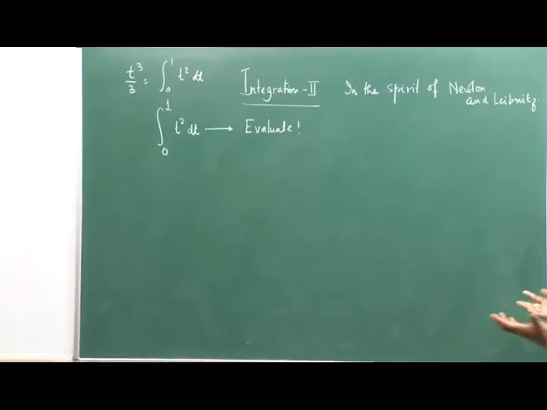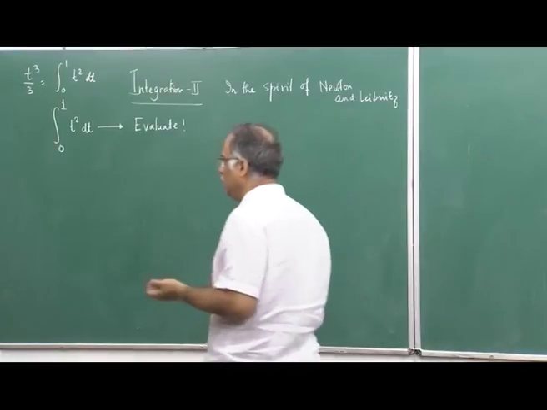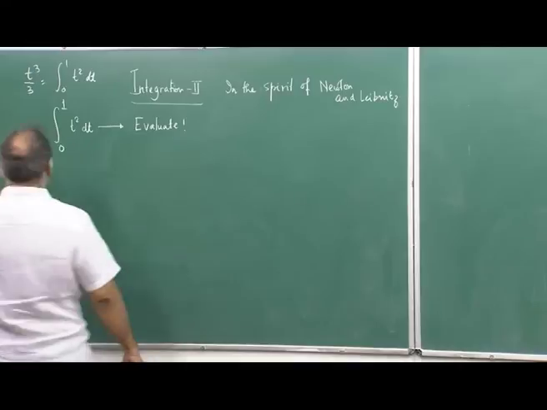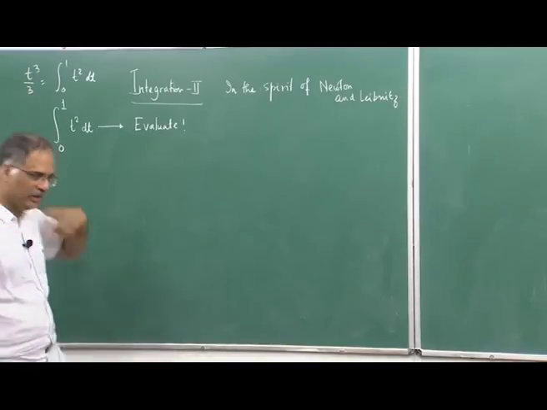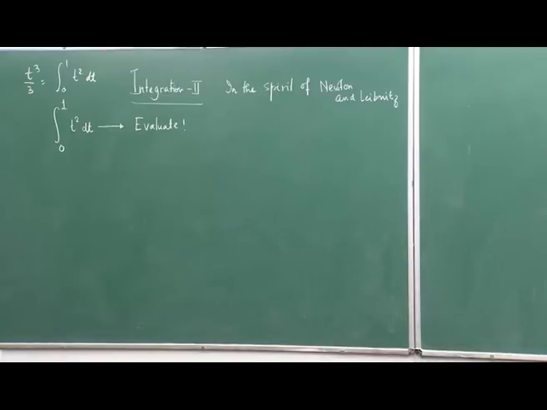Now, how will you evaluate such things? I want to assure you that this was not done overnight. It needed a lot of work, and the upper estimation and the lower estimation business works, and that is actually used.